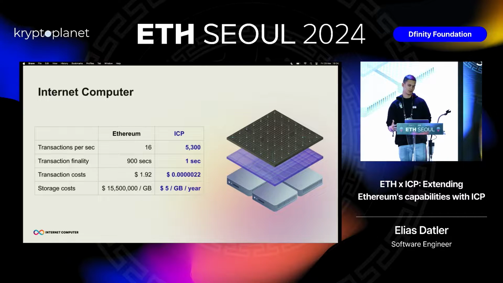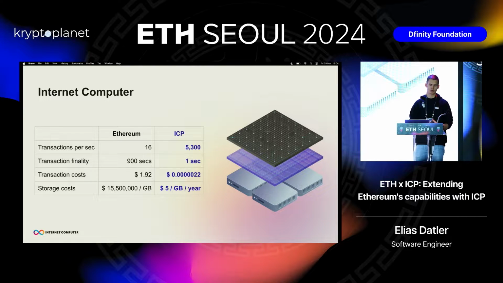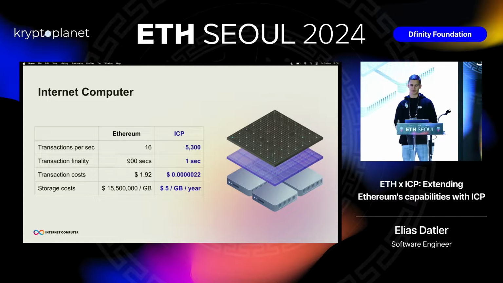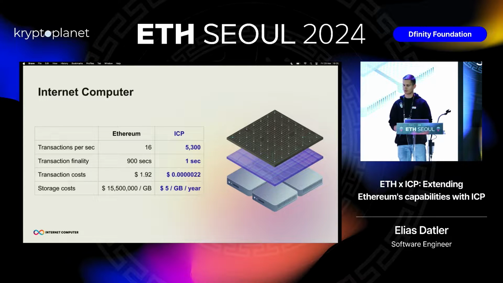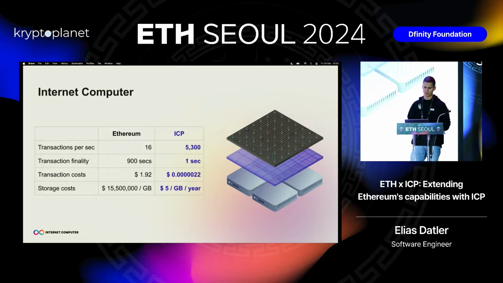And again, if we would see more demand, we can just add more subnets, and that's how we can scale infinitely. Also, transaction finality is around 1 second on the internet computer, and the transaction cost is insanely cheap compared to any other blockchain. And storage costs are also orders of magnitude cheaper on the internet computer.